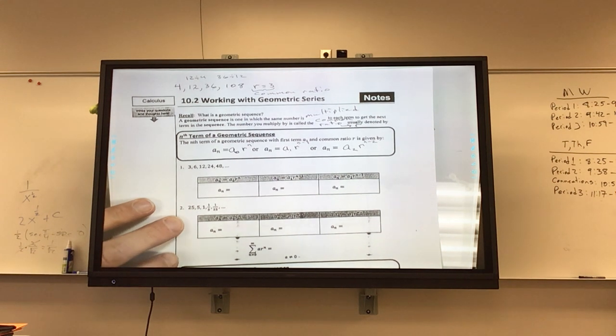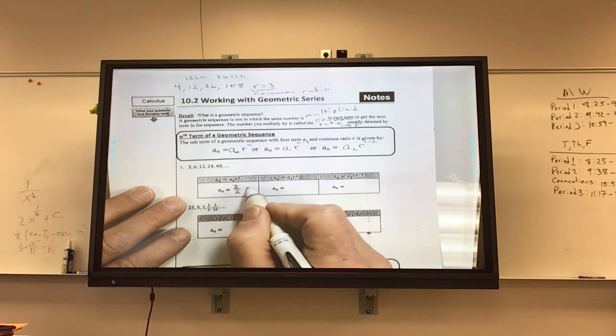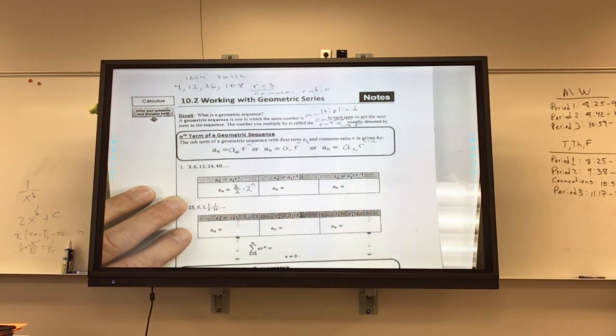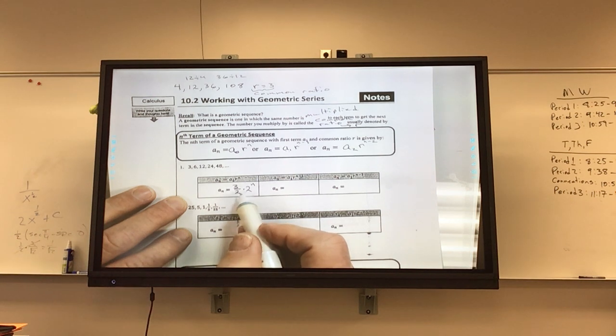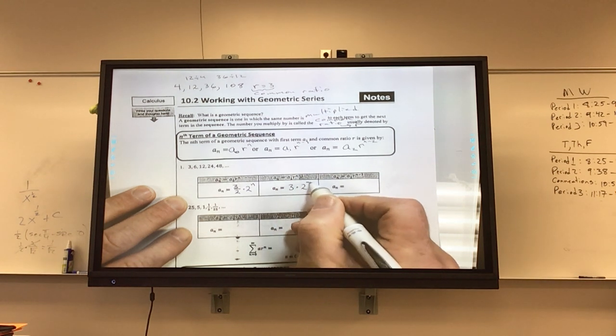So an example of this form could be 3 halves times 2 to the n. So if I put 0 in here, I'd get 3 halves. Or I could have 3 times 2 to the n minus 1.